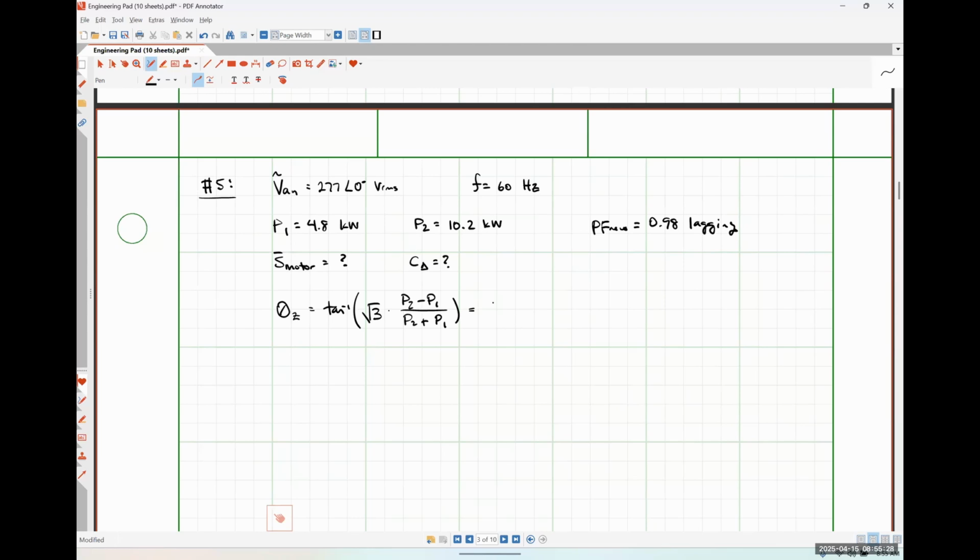So that's going to look like the inverse tangent of root 3 multiplied by 10.2 minus 4.8 over 10.2 plus 4.8.